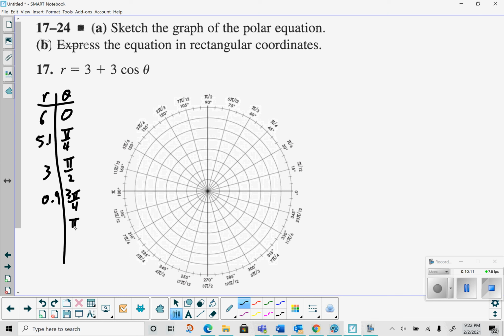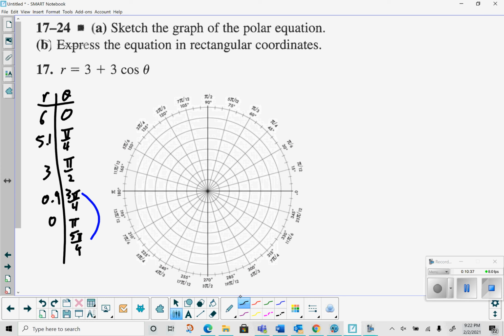For pi, cosine is -1. Well, that means 3 minus 3, so that gives me 0. For 5 pi over 4, okay, here's where I'm going to start repeating. 3 pi over 4 and 5 pi over 4. 5 pi over 4 is in the third quadrant, cosine's negative in the third quadrant.